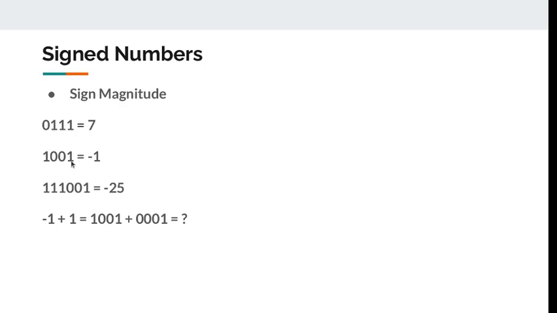You just put the minus sign in front, so it's -1 in this case. Here we have the sign again, so it's a negative number, and for the rest we can compute the decimal representation: 16 plus 8 is 24, plus 1 is 25, so it's -25.